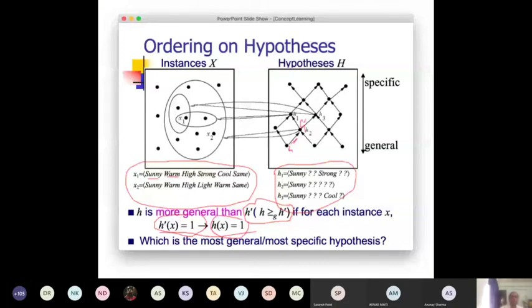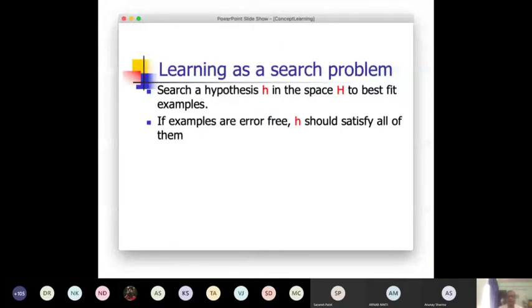Fine. So finally, as I was mentioning, in your case, learning is a search problem where you have to search for a hypothesis that best fits the examples. Our assumptions are that the examples are error-free, and then H should satisfy all of them.